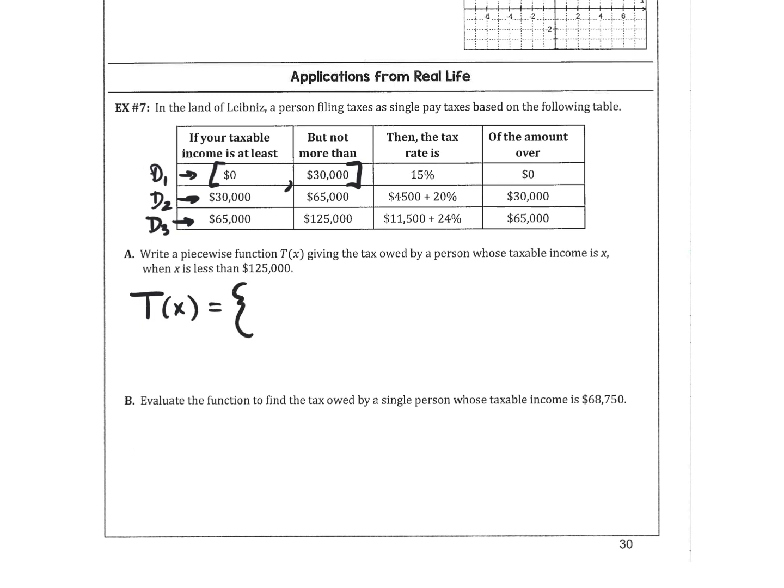our domain for the first one is 0 at least and not more than 30,000. Not more than implies not equal to, doesn't it? At least means it includes, but not more than is not equal to. So what is the second domain? Between where and where? Between 30,000 and 65,000, this one's included, but it's not included at the top.